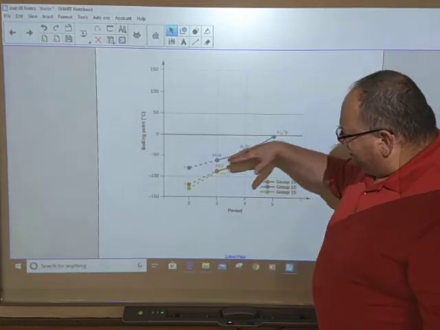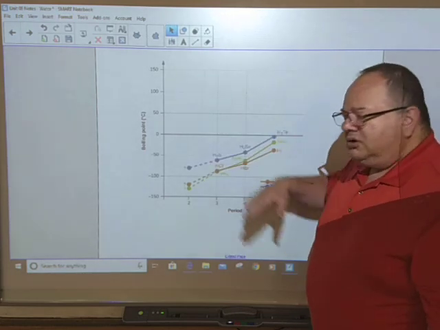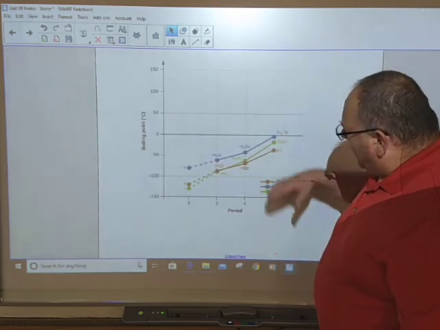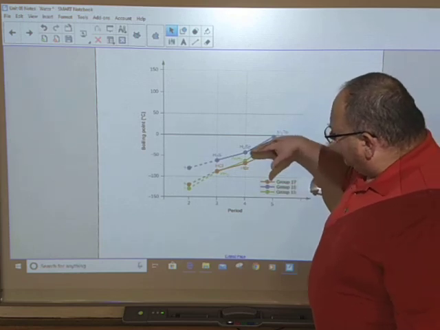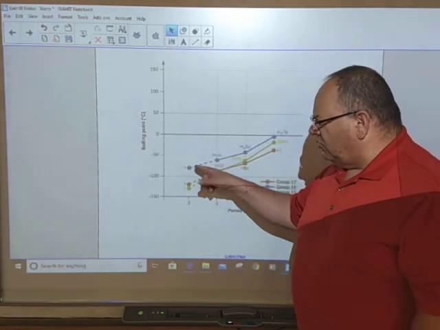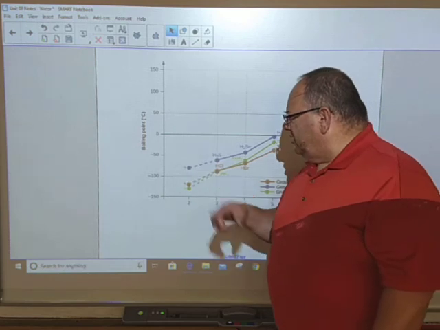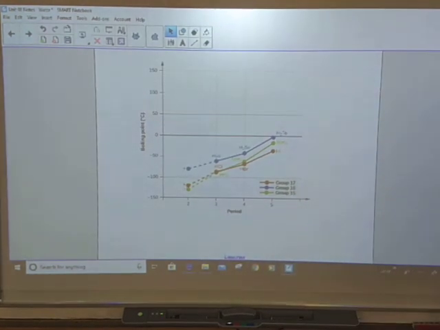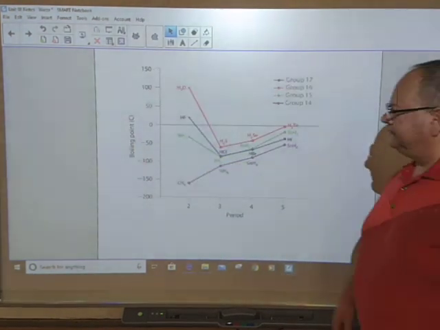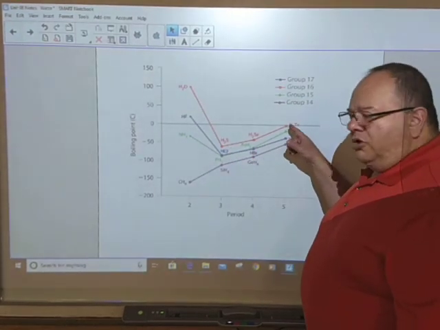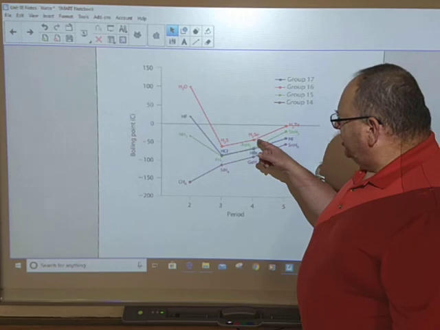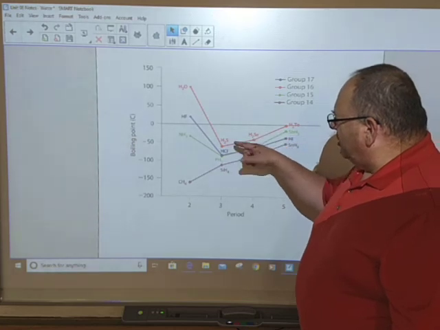Now if you look, it seems that there's a trend, right? If we go from the bottom element towards the top, the boiling point's getting lower, lower, and so we're guessing for water that it'd be kind of low. Now here's the reality. When you go from H2Te to H2Se, the boiling point gets lower.